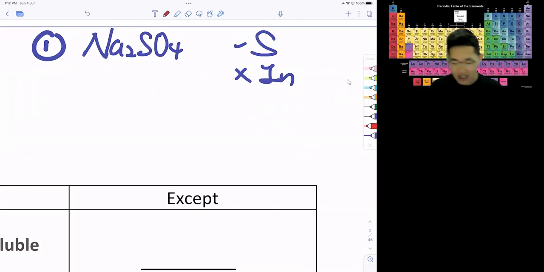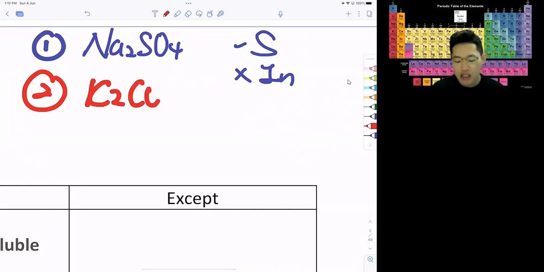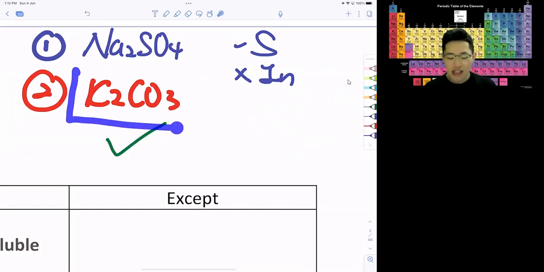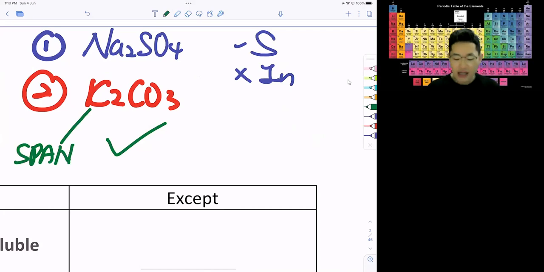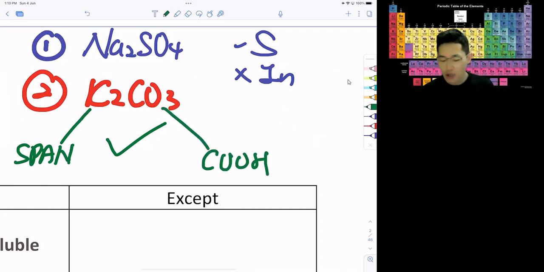Then, next. If the example now is K2CO3, soluble or not? Okay, the answer is actually soluble. Why? You see, there is K here from the SPAN, and there is also CO from the COOH.